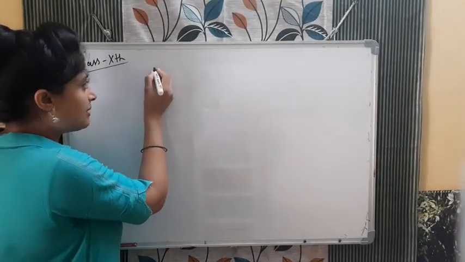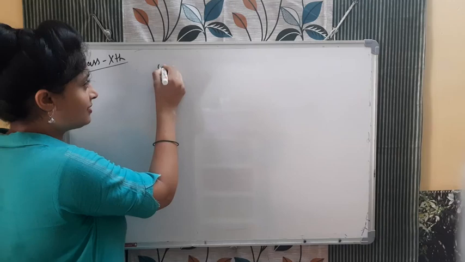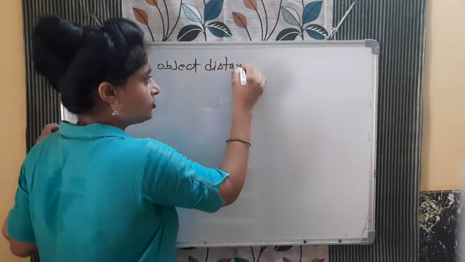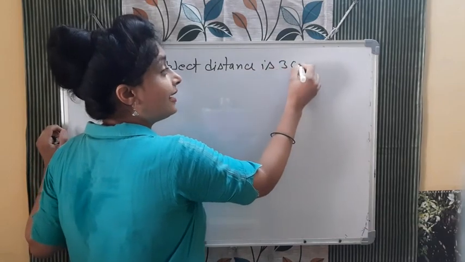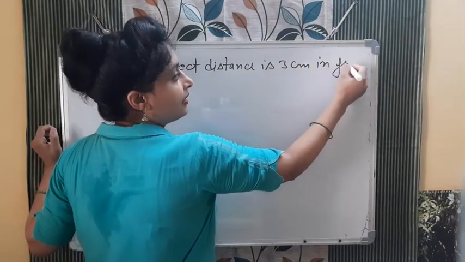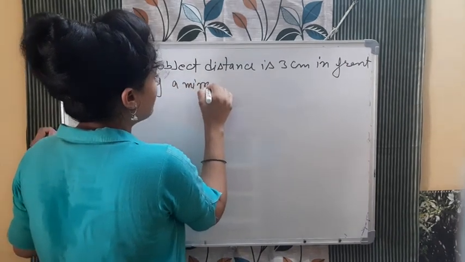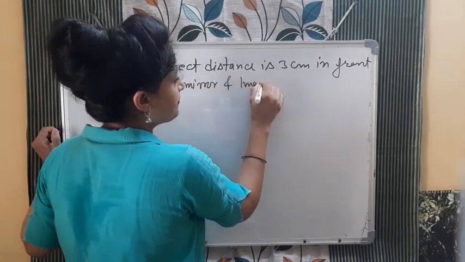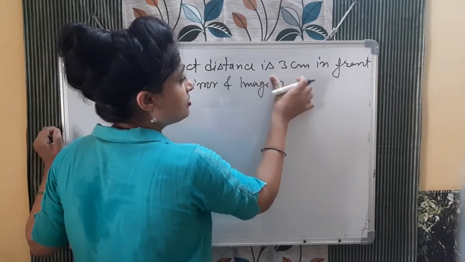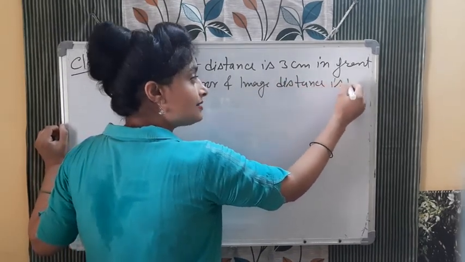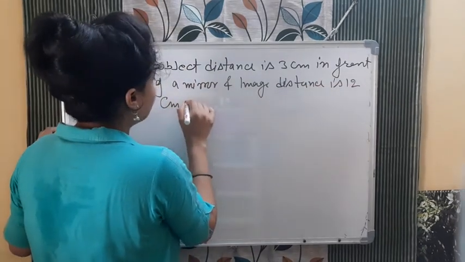So for example, the question is given that object distance is 3 centimeter in front of a mirror, and image distance is 12 centimeter in front of the mirror.